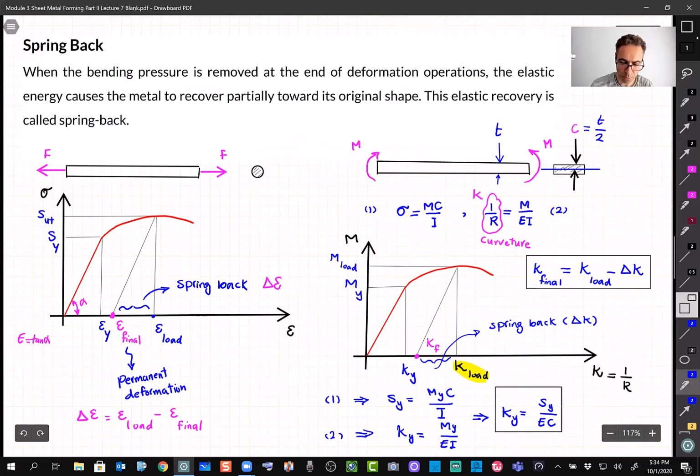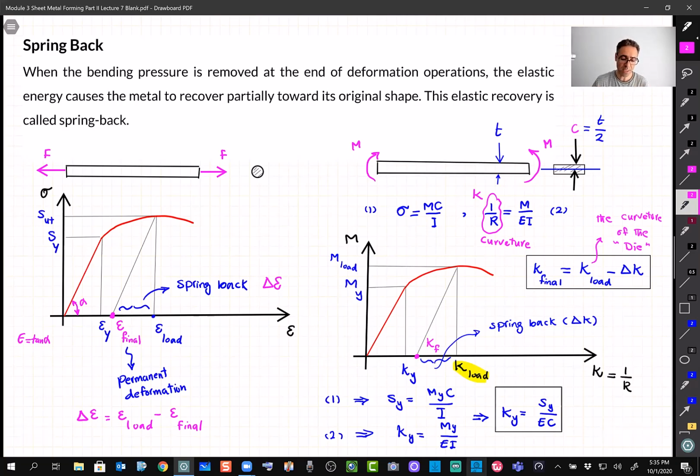So again, don't forget this K load is what we wanted. This is, let's say, the curvature of the die. This is what we designed. We wanted it to get to that curvature.